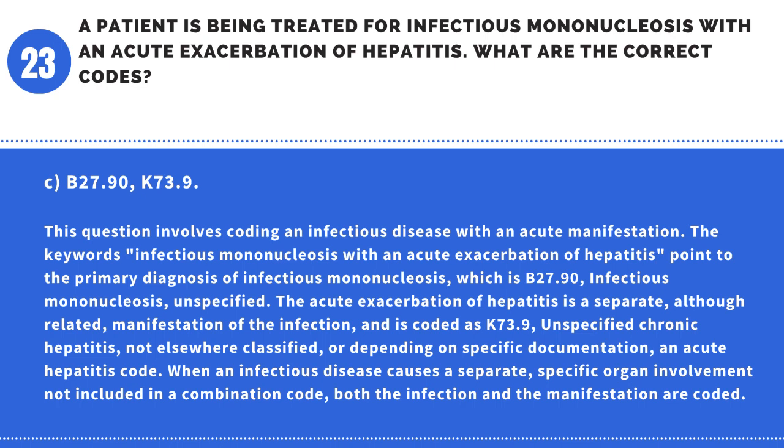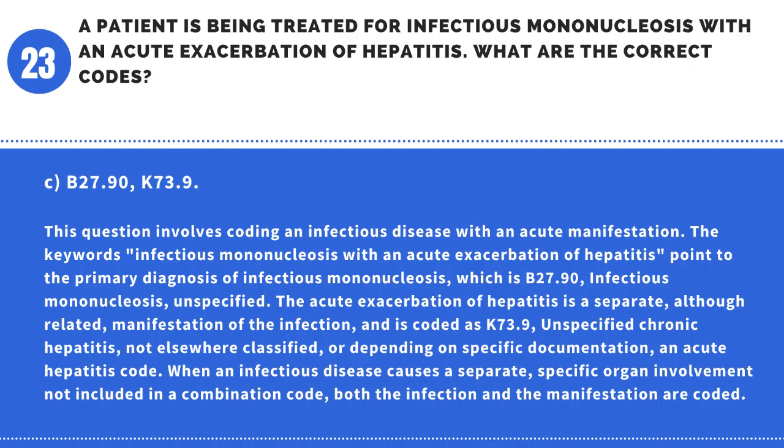B27.90, K73.9. This question involves coding an infectious disease with an acute manifestation. The keywords infectious mononucleosis with an acute exacerbation of hepatitis point to the primary diagnosis of infectious mononucleosis, which is B27.90, infectious mononucleosis, unspecified.